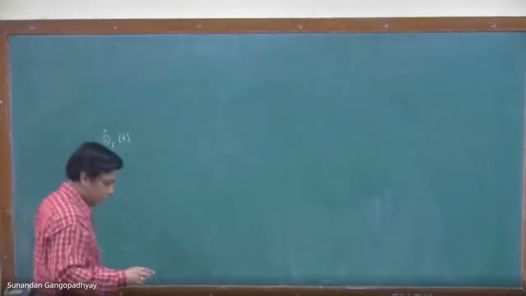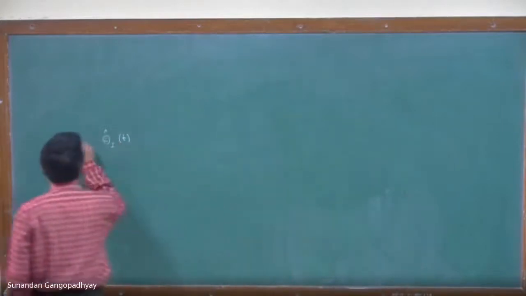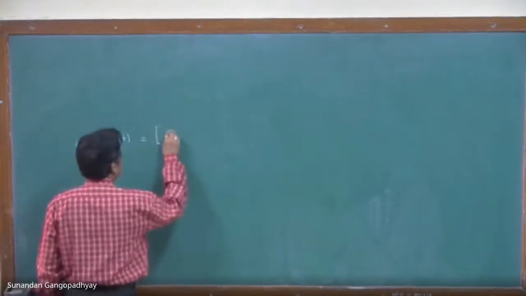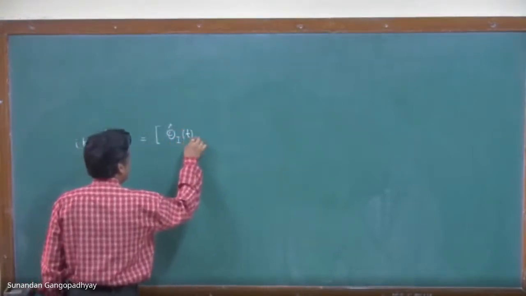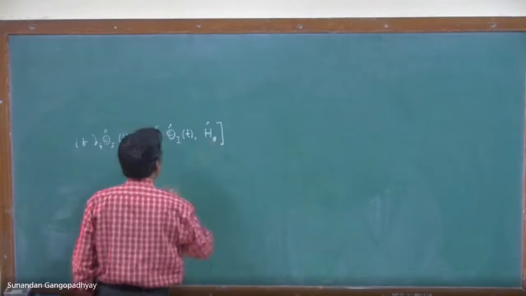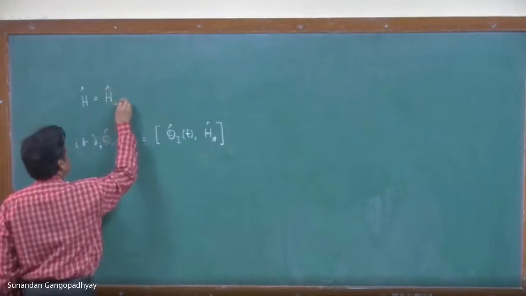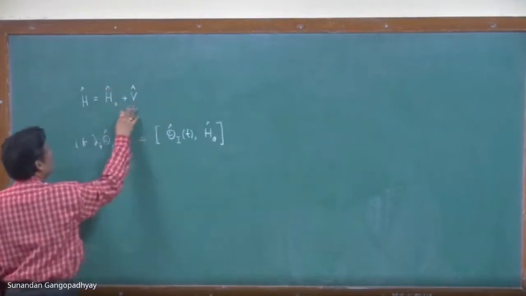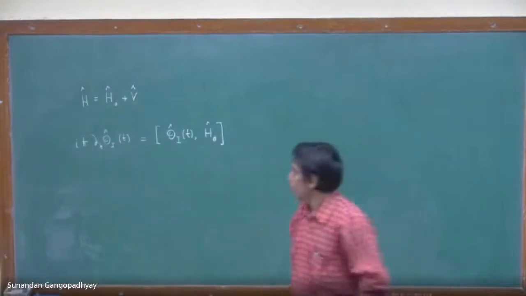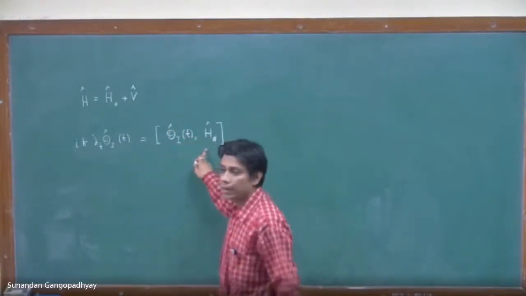The important thing is that the evolution is governed by the free part of the Hamiltonian, and therefore what we have is the following: i h bar del t O hat I equals the commutator of O hat I with H naught, where the full Hamiltonian is H naught plus V hat. So this is the interaction part, this is the free part, and this is the full Hamiltonian of the interacting theory. And you can see that the dynamical evolution of the operators in the interaction representation is governed by the free part of the Hamiltonian.